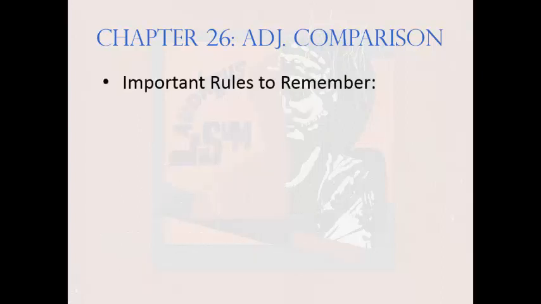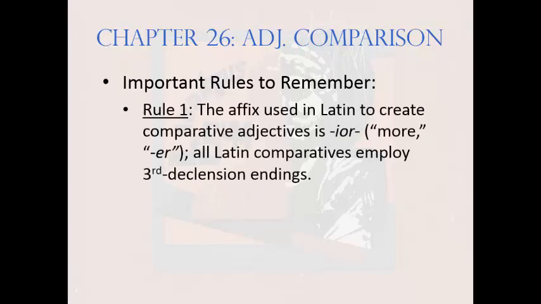There are 4 important rules to remember in this chapter. Rule 1. The affix used in Latin to create comparative adjectives is ior, spelled I-O-R, meaning more, or the ending which is added to many English adjectives to make them comparative. All Latin comparatives employ third declension endings.